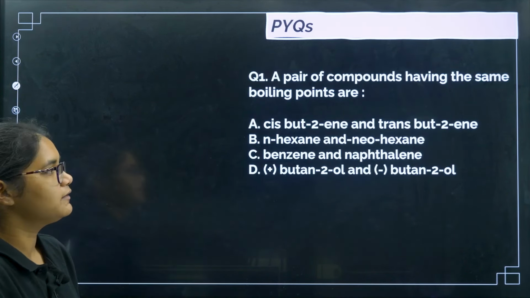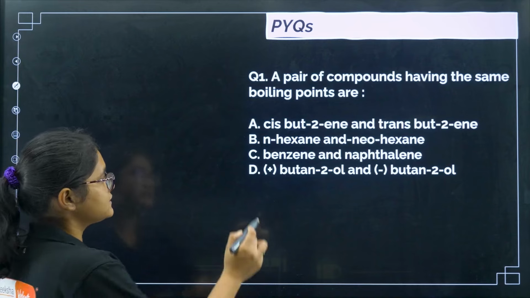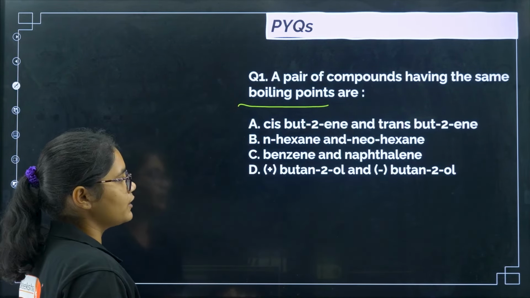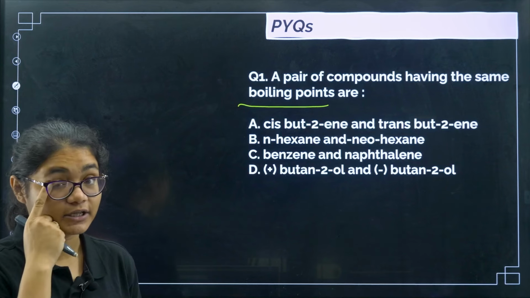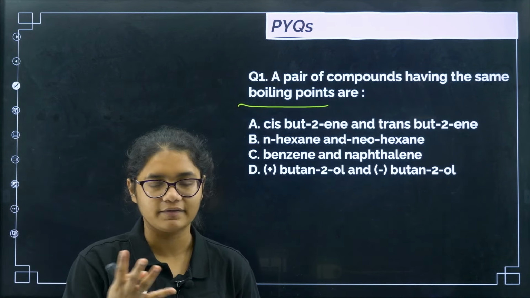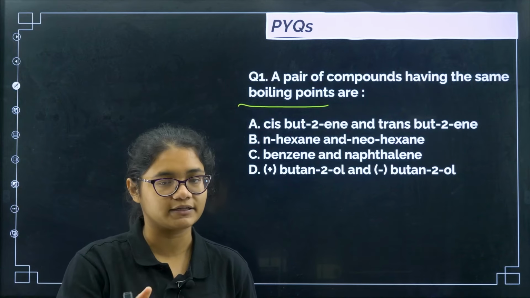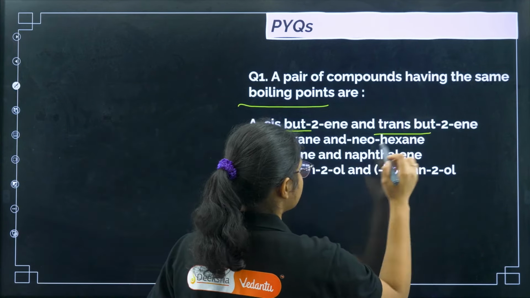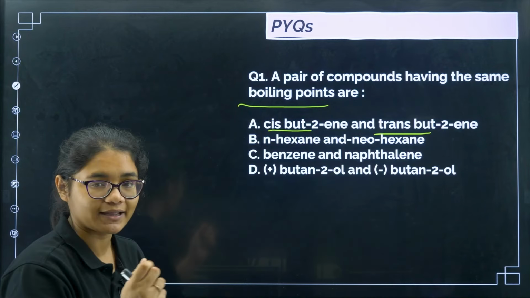Now coming to our PYQs: a pair of compounds having the same boiling point. Boiling point is a physical property. Cis-butene and trans-butene will have different boiling points because their packing is different.